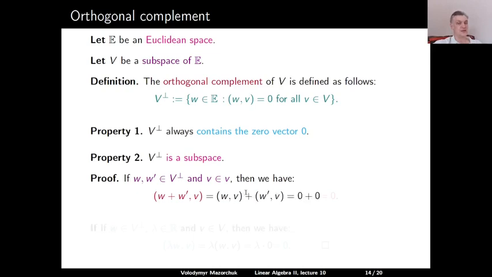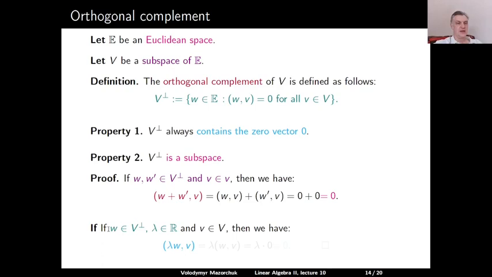The first one is 0 because w is in the orthogonal complement. The second one is 0 because w prime is in the orthogonal complement. So the sum of 0 plus 0 is 0, which shows that w plus w prime belongs to the orthogonal complement. So the orthogonal complement is closed with respect to taking sums of the vectors.